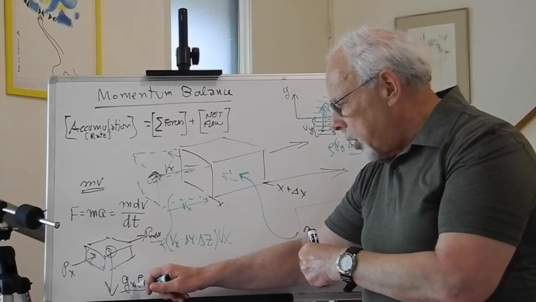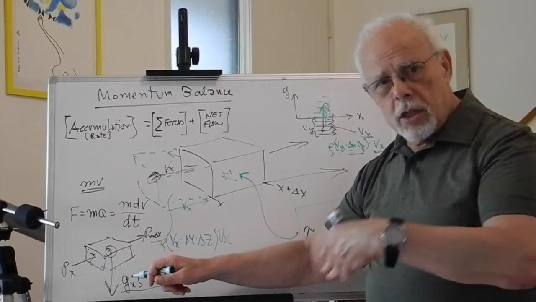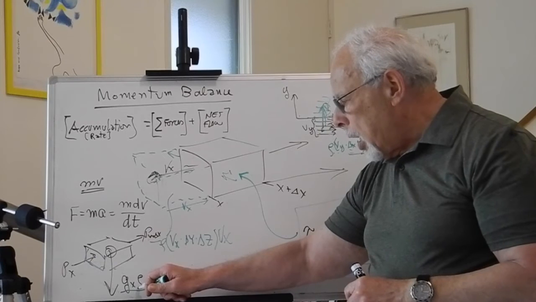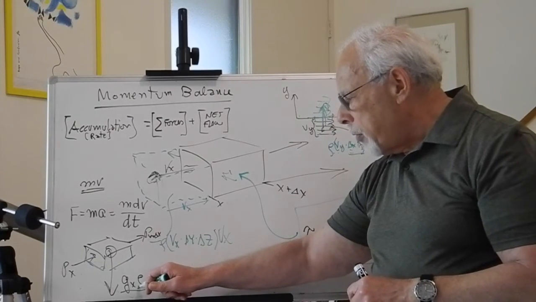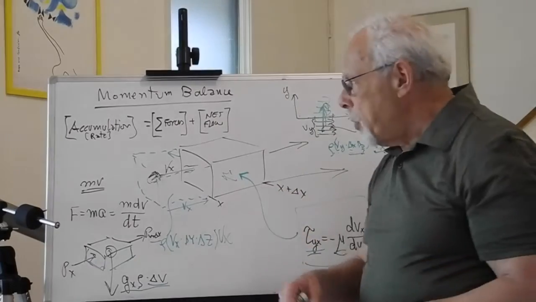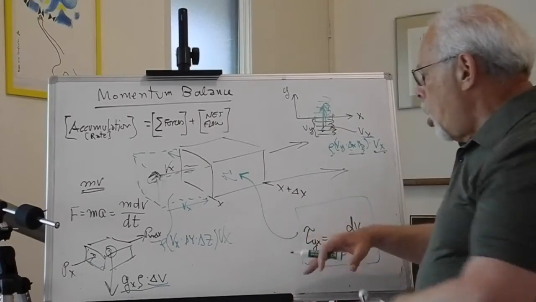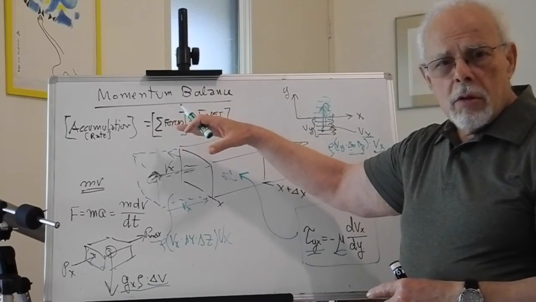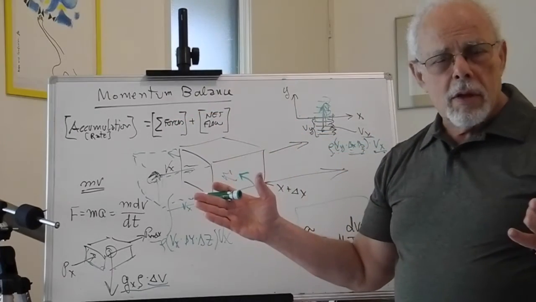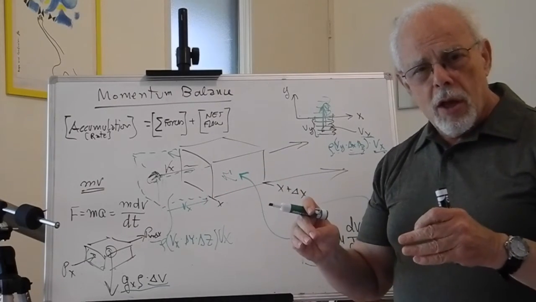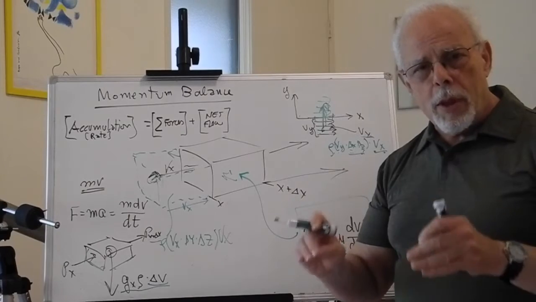So that's why we identify gx and gy and gz times the specific gravity times the volume, which is dx, dy, dz. So we have here all the components. We can enter all these components into this equation, and there you have it. The expression of the balance of momentum.